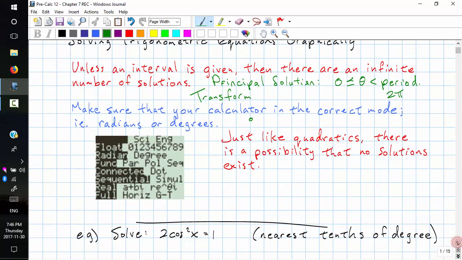Now, just like in quadratics, there is a possibility that no solutions exist. And the hardest part of finding solutions is figuring out the number of solutions, whether it's general or principal.